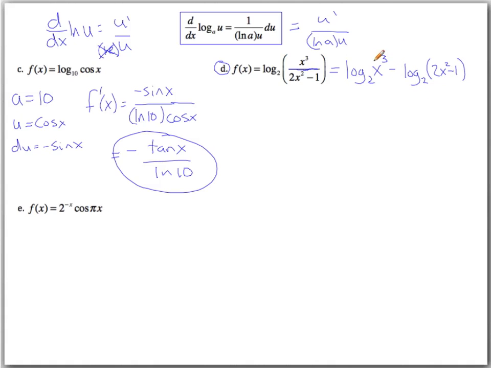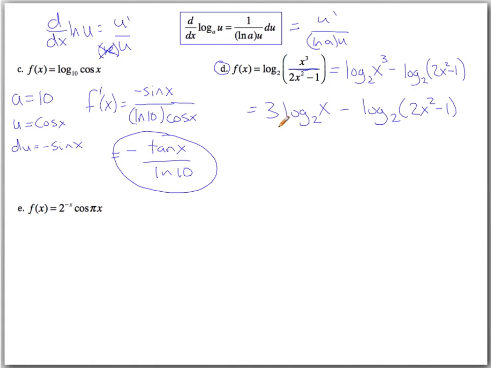Okay, and there's only one other thing that we can do with our properties, and that's the 3 right here. We can move out in front, so this really equals 3 times the log base 2 of x minus the log base 2 of 2x squared minus 1.